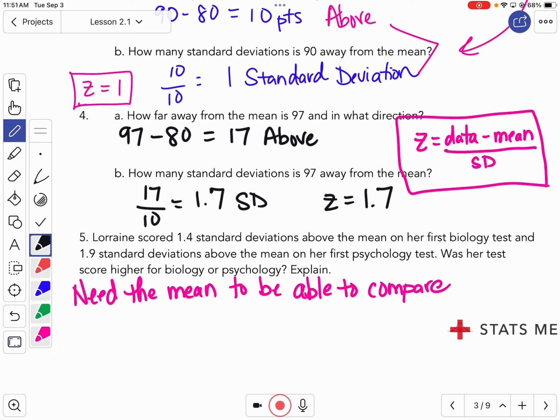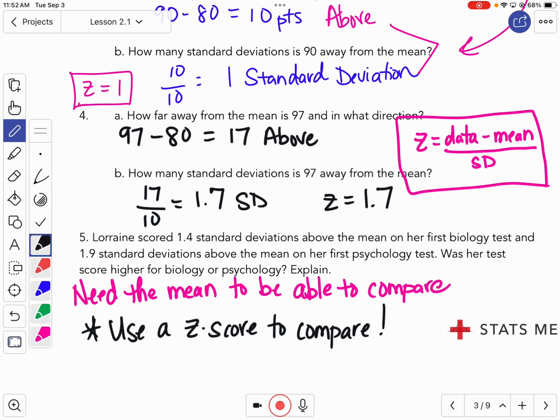And so our final learning target is, if I need to compare two completely different sets of data, we use a z-score to compare. If we've got two different things going on and we need to make some decisions about that data, we're going to have to use a z-score to do that.